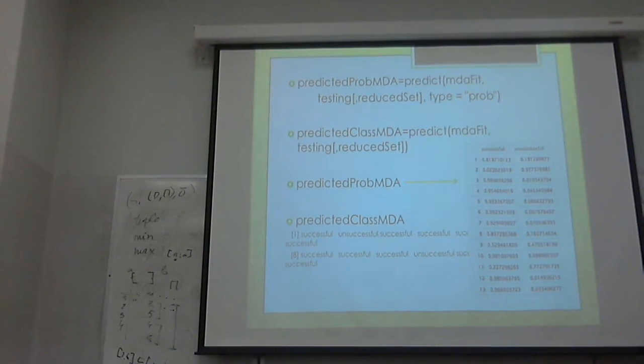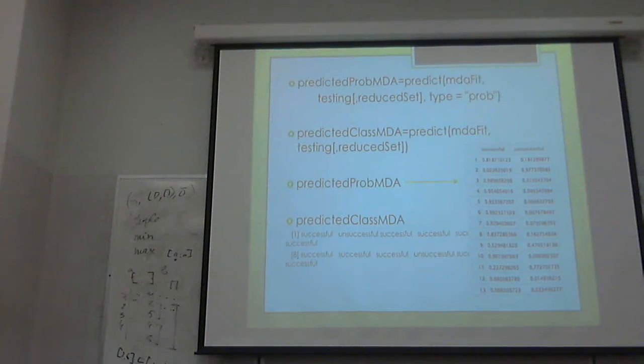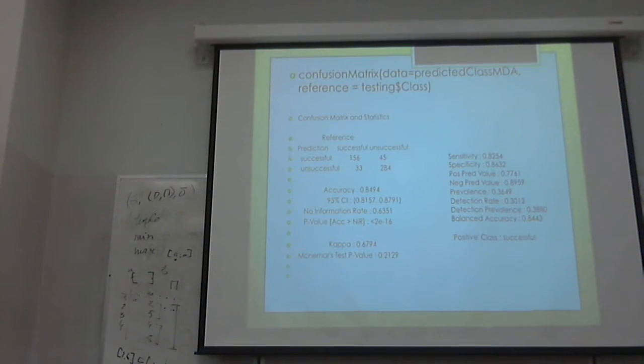So it's redundant information, but still we do have it. And then, once you have this predicted probability and predicted classes, you can run the confusion matrix.